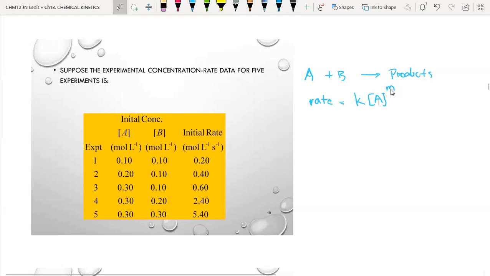We must find these numbers, and I'm going to show you how to find them. So, times the concentration of B to the power N. You can't say the power B, because you can then confuse that with the stoichiometric coefficient. So we choose middle letters, so we don't confuse those with the stoichiometric coefficients.